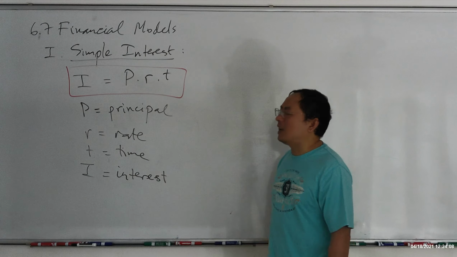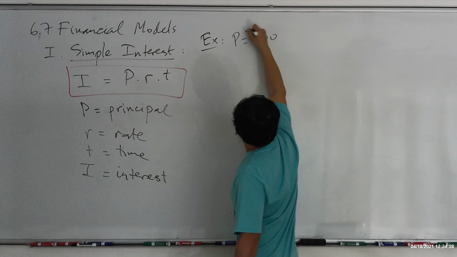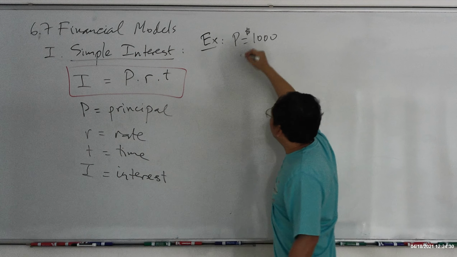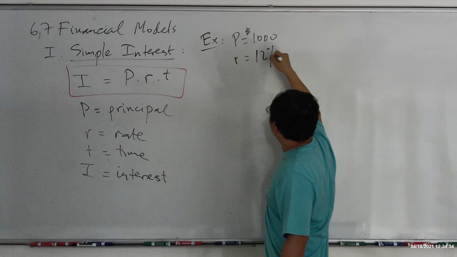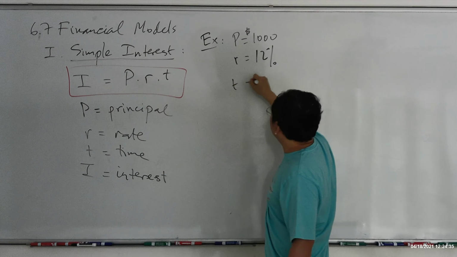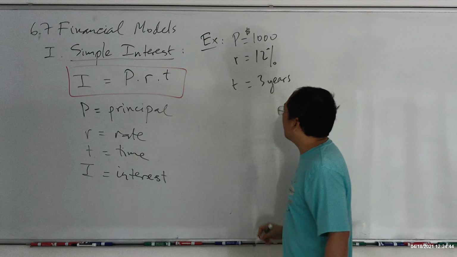Let me give you an example. Say somebody has $1,000 for now, and that person wants to invest at the rate R of 12% for a time T of 3 years. Question: how much interest is that person going to earn after 3 years using the simple interest formula?